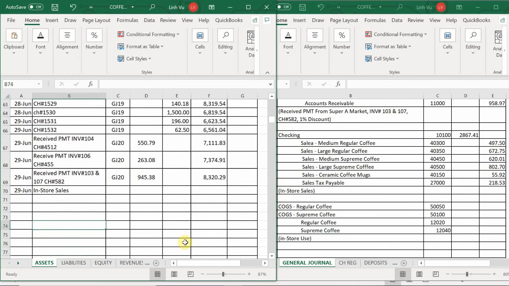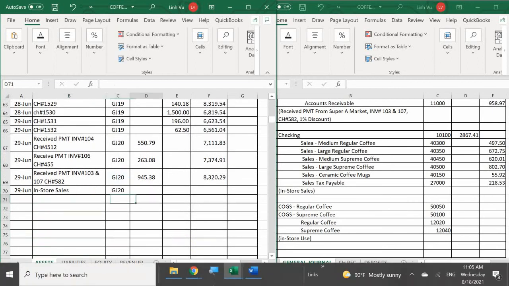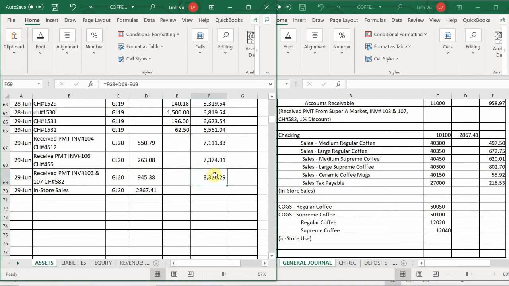In-store sales. General journal 20 for a total of 2,867.41. So what should be my total ending balance? I have 11,187.70. Good.